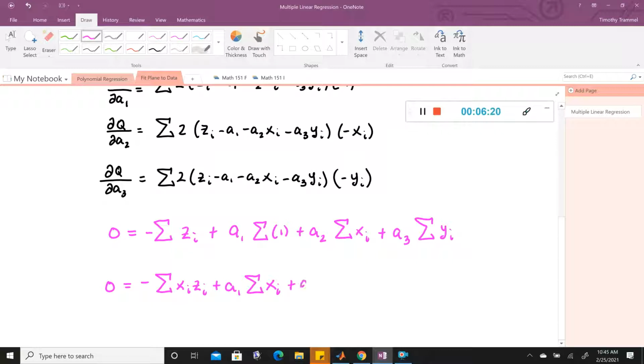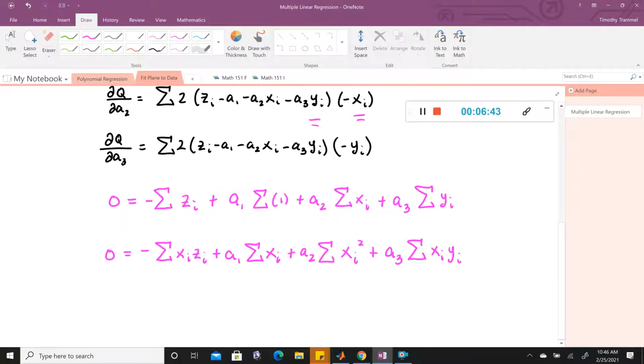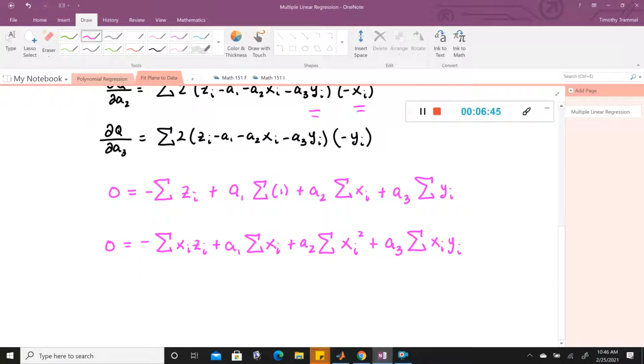And then plus A2 times the sum, and if we're distributing this x sub i, that's going to give us an x sub i squared, plus A3 times the sum. This time we're thinking about the x sub i times y sub i. And then we'll move on to the last equation.